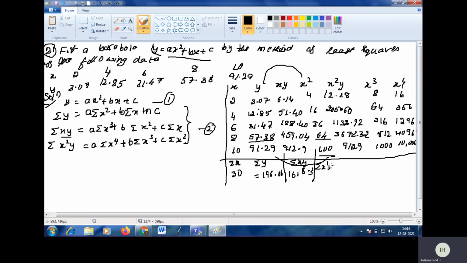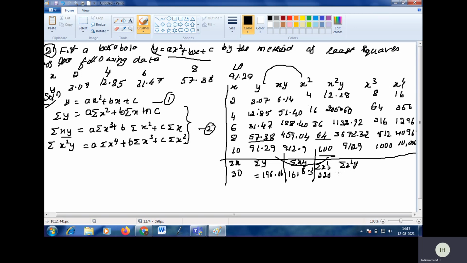Next, summation of x square. Summation of x square will be 220. Correct. 64 plus 36 is 100. 100 plus 100, 200. 16 plus 4, 20. So 220. Next, summation of x square y.